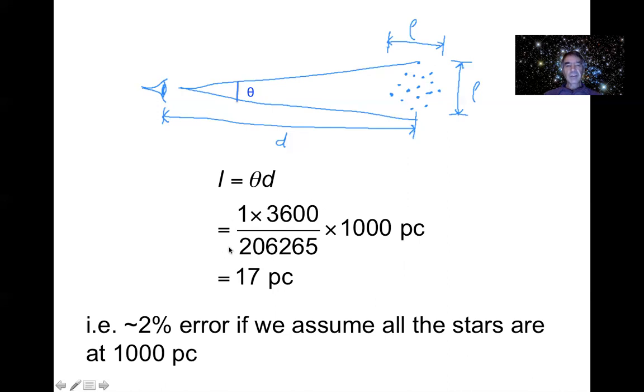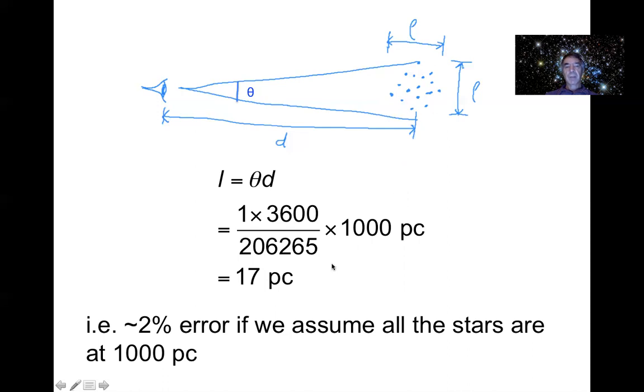So that is theta in radians. If we want to know what L is in parsecs, then we can just multiply theta in radians by the distance d in parsecs to give us L in parsecs as well. If you want to, you can convert everything to meters and convert it back again, but this is a bit quicker. So that means this would be 17 parsecs across, and also 17 parsecs this way.